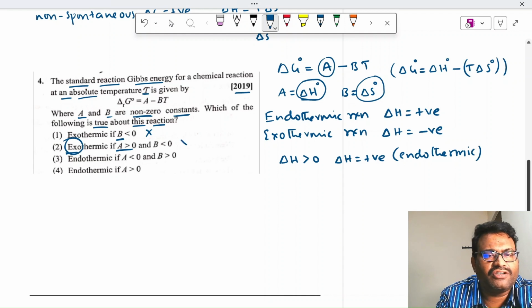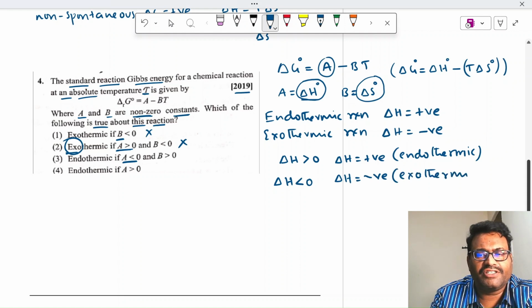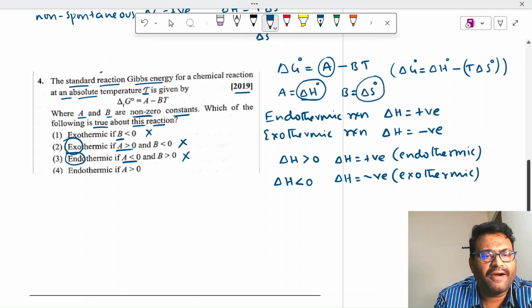So this is also not the correct answer. Third, endothermic if A is less than 0. So delta H is less than 0, which means delta H is negative. Negative means exothermic. But here it is given as endothermic. So this is also not correct.